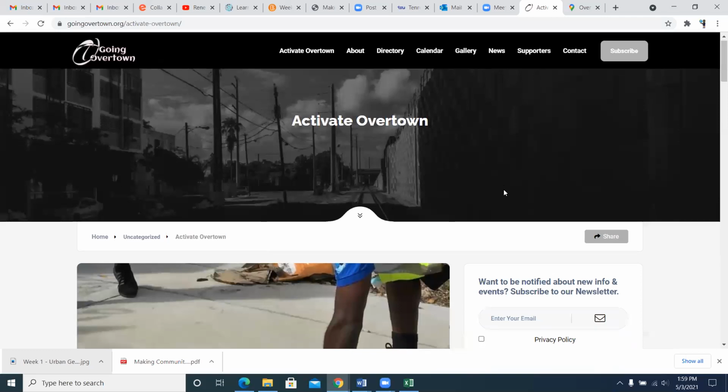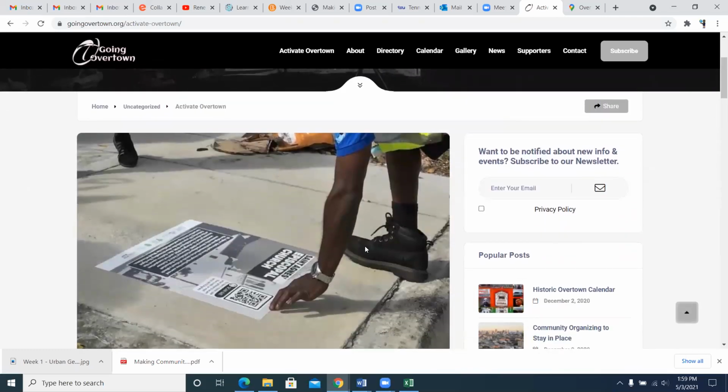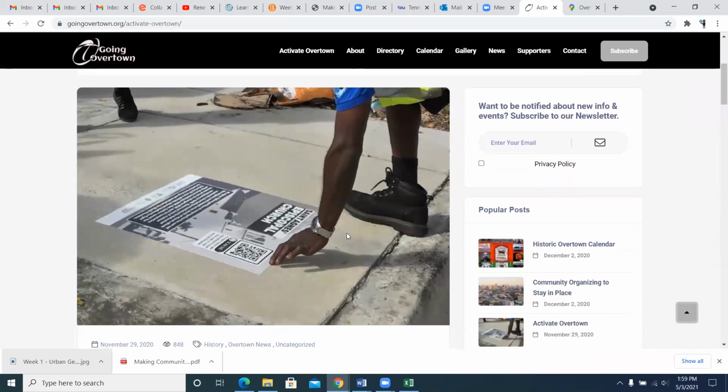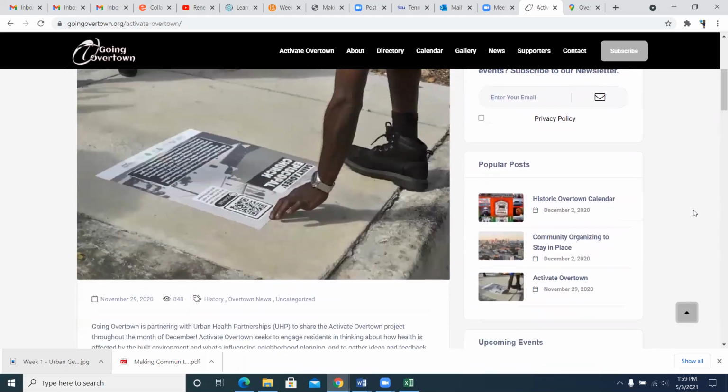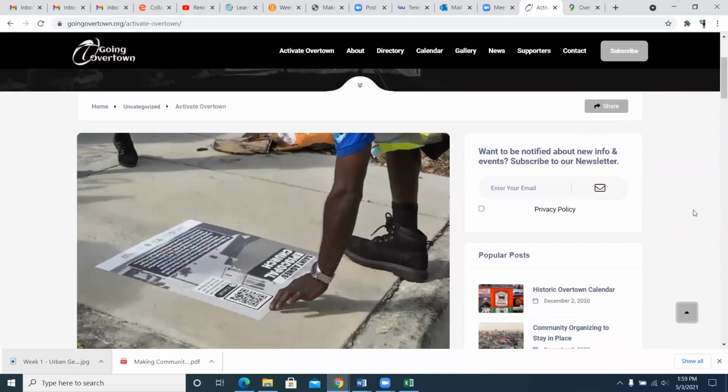What they're trying to do is bring attention to the historical significance of their community so that they can preserve some of these sites. I was actively involved in this effort. If you go to Overtown right now, you see this page, Going Overtown. You can go to these various sites, use your mobile device to scan a QR code, and get more information about these historical sites with significant Black history.